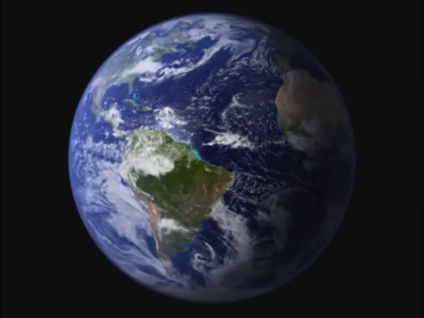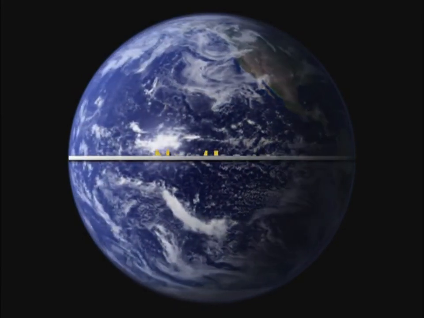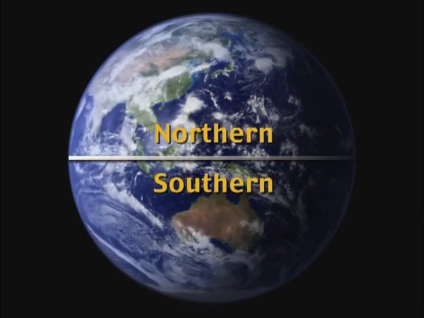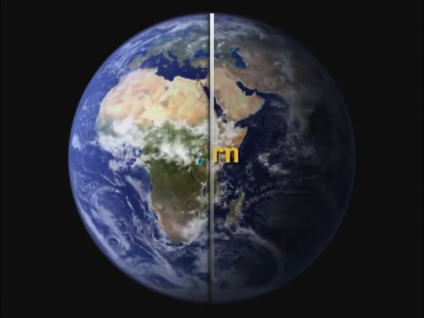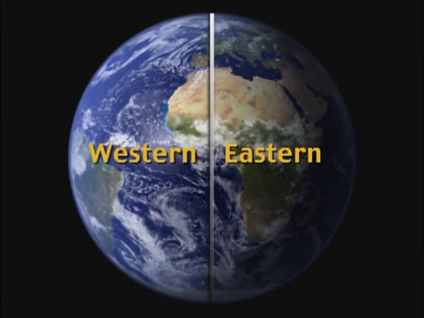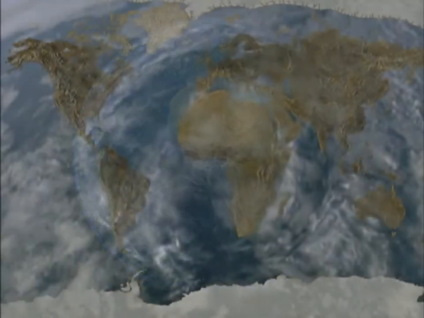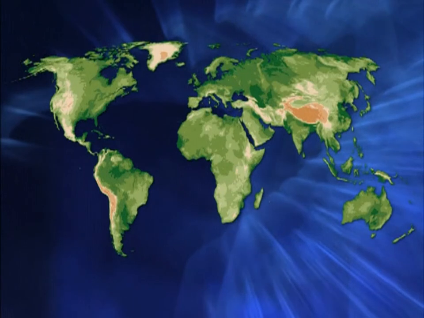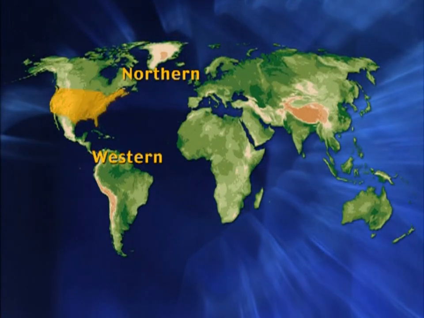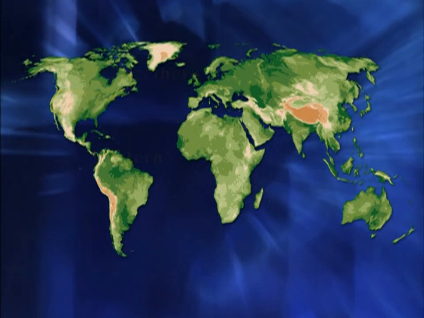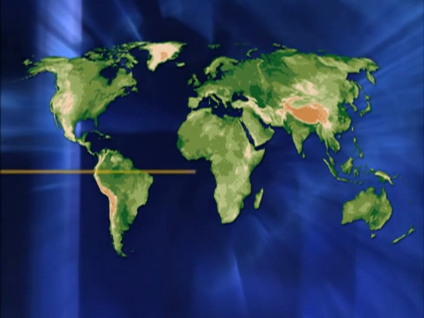Geographers divide the Earth into hemispheres, or half circles, northern and southern, and eastern and western. The United States is in both the northern and western hemispheres. Many maps are crisscrossed by imaginary lines.